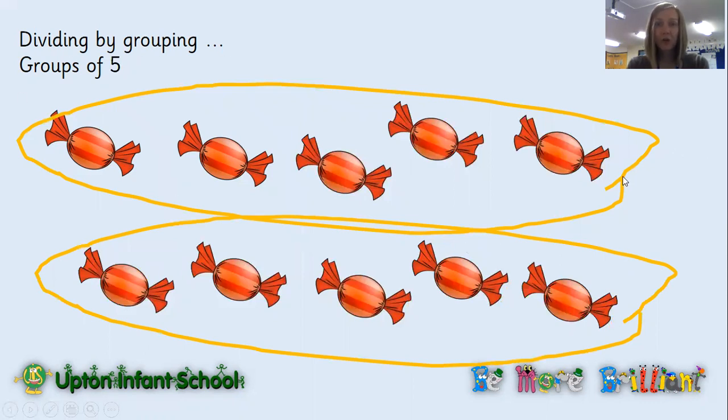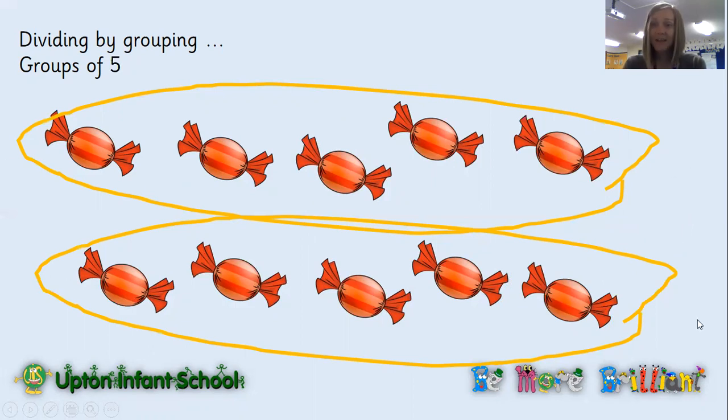But I've made 2 groups this time with 5 sweets in it. So if there's 5 in each group, that's when we can use our 5 times table to help us count the sweets again. 5, 10. So more speedy than going 1, 2, 3, 4, 5, 6, 7, 8, 9, 10. Look how quickly we could count those objects when we counted in 5s.